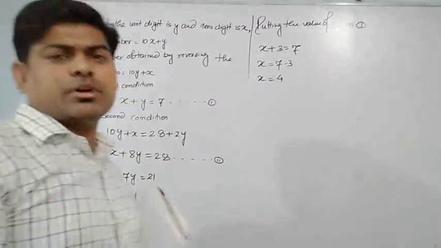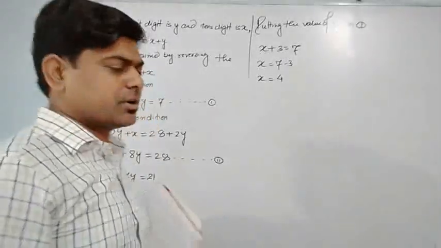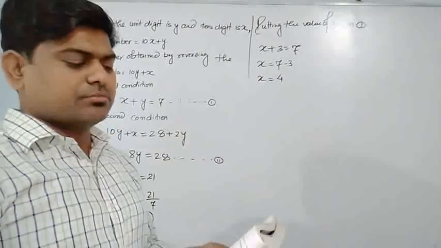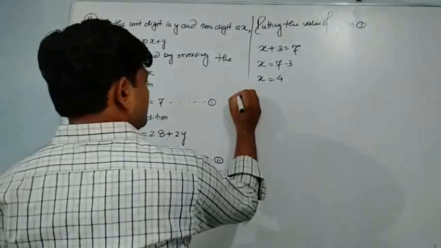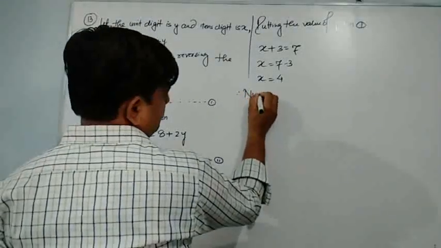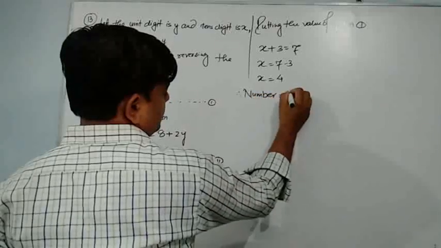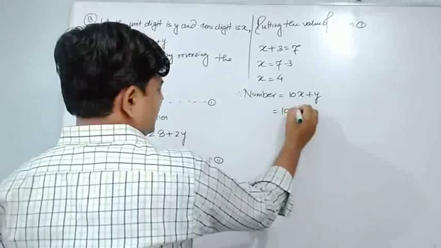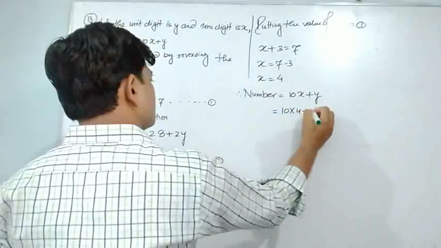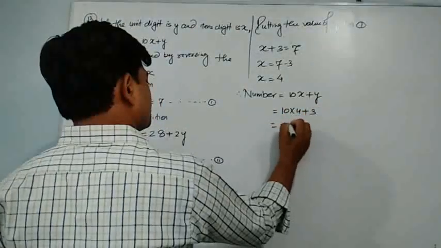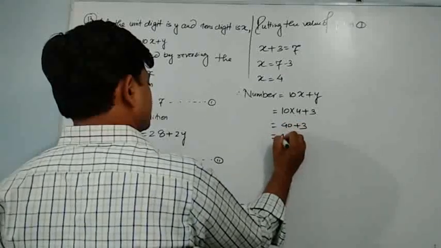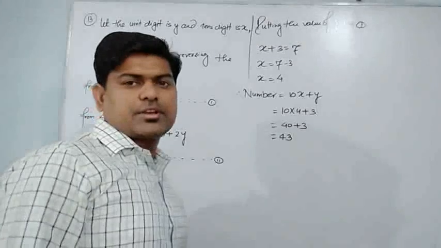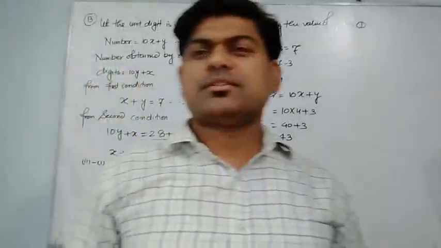Then what should be the number? Your question is there in the last expression: find the number. Therefore, number is equal to 10x plus y, which is 10 into 4 plus 3, that is 40 plus 3, which can be written as 43.